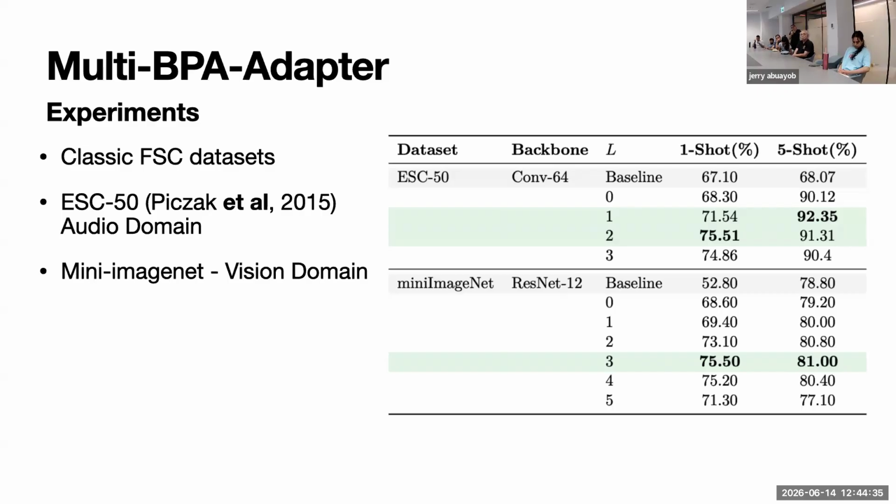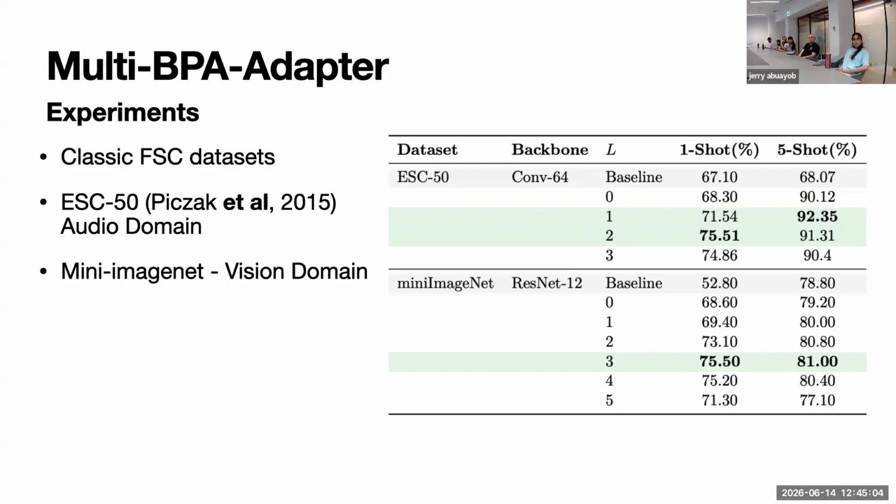For mini-ImageNet on the ResNet-12 CNN, as you can see, we got a substantial improvement even with an extra module. Okay, so it converged somehow with three stacks, so 4 BPAs overall.